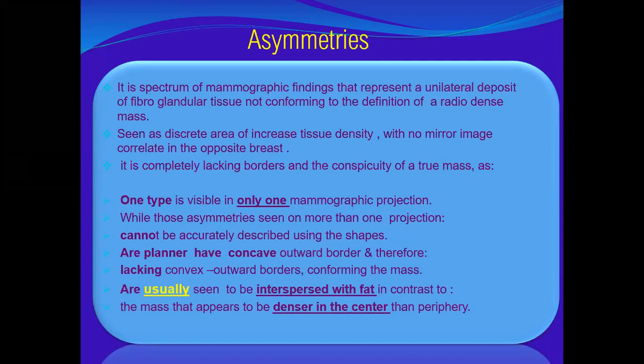In contrast, we said the mass is radiodense at the center, while the asymmetry demonstrates some fat in between the density.